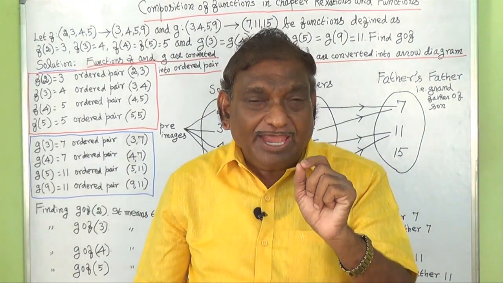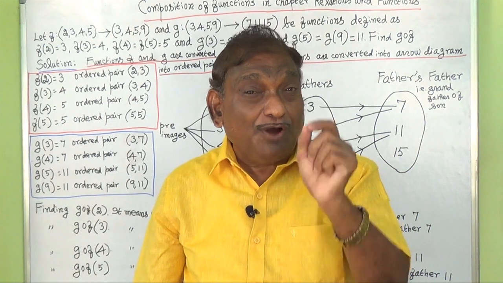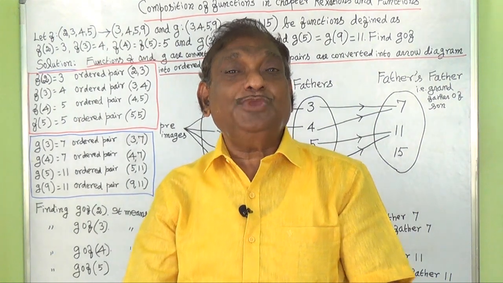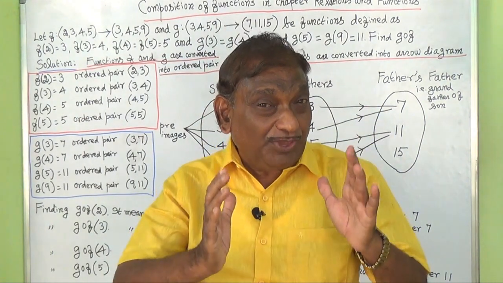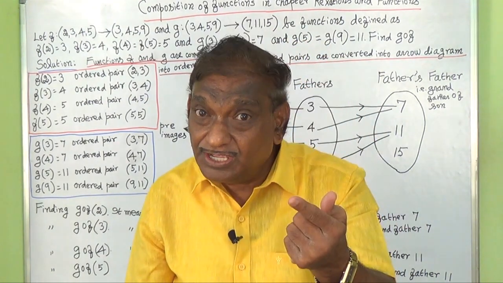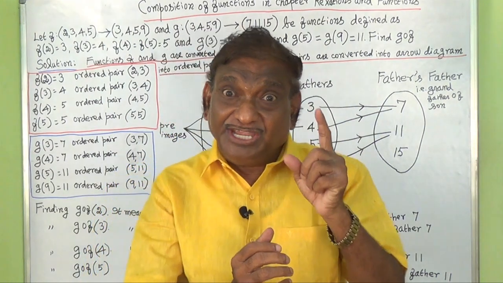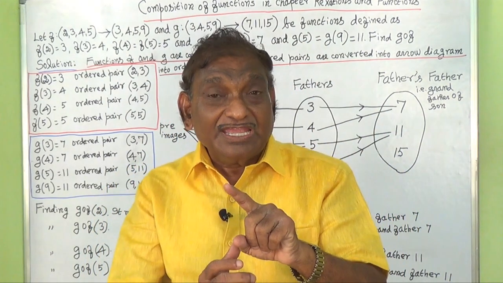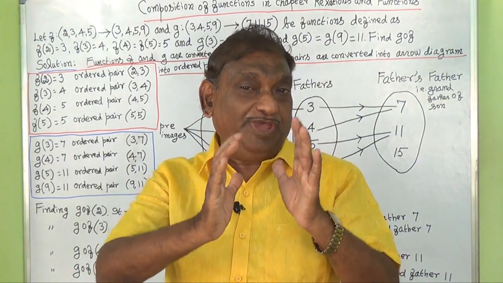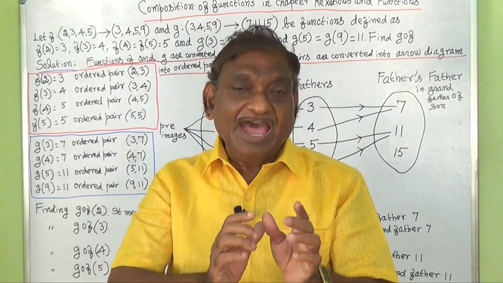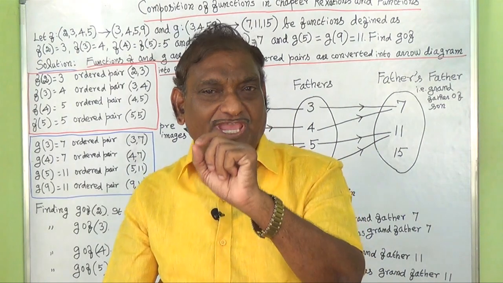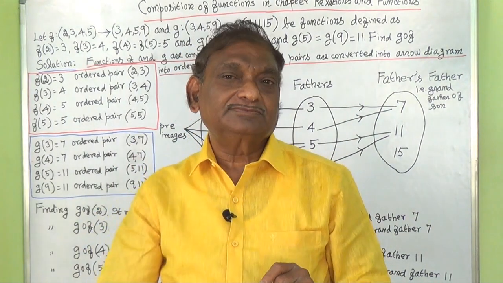You are well aware of the meaning of f of x. f of x means the function of x. What is the function of x? The function of x is to find the y. You have studied this in differential calculus sums. Sometimes they will give the equation relating the two variables x and y as y equal to 3x square plus 4x minus 5.